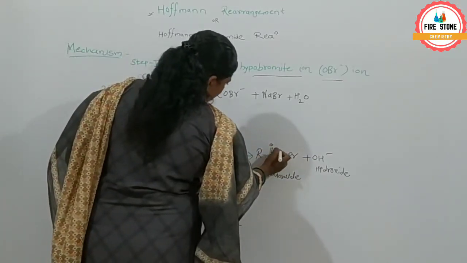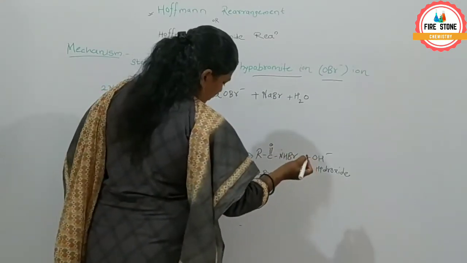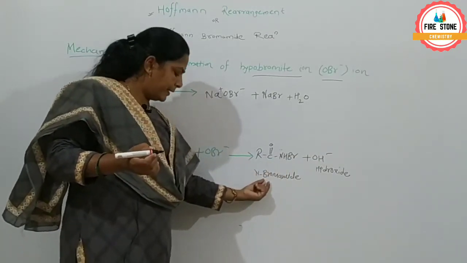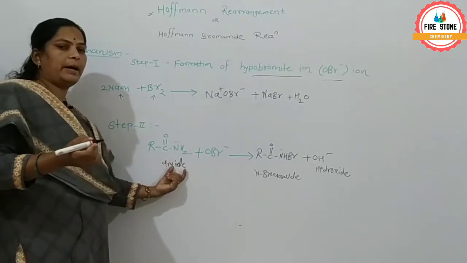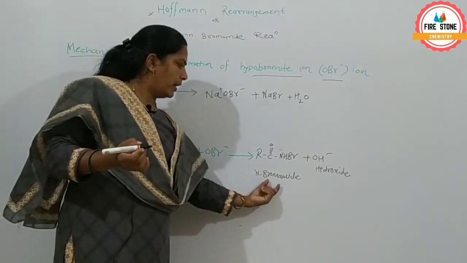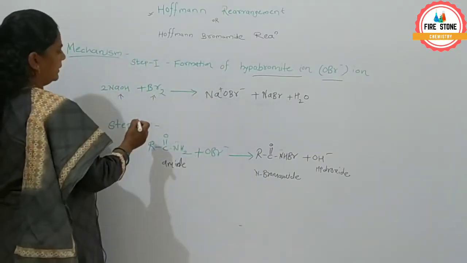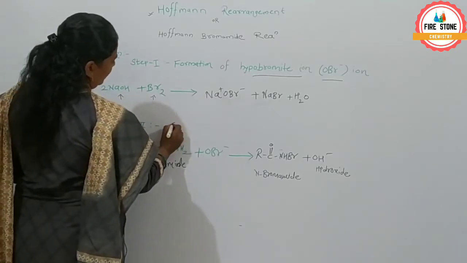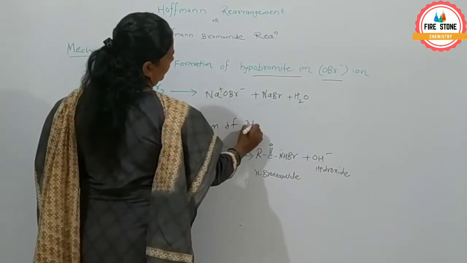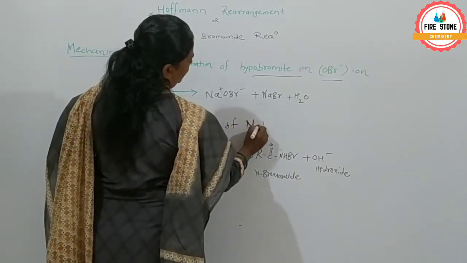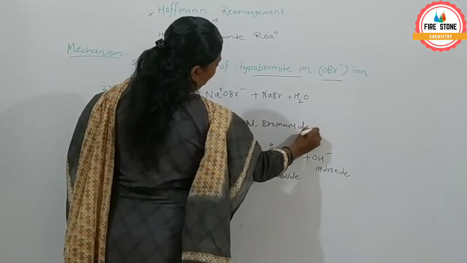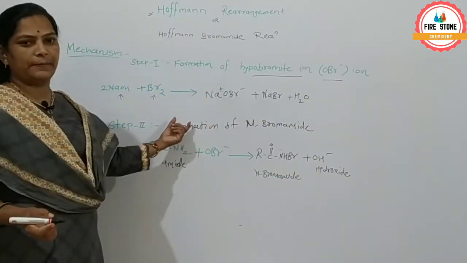On nitrogen there is a lone pair of electrons. So when the amide reacts with the hypobromite ion, we get N-bromoamide, and this is the second step, formation of N-bromoamide.